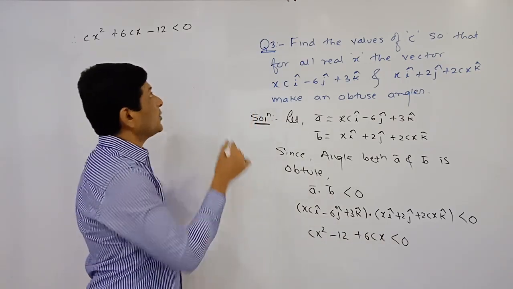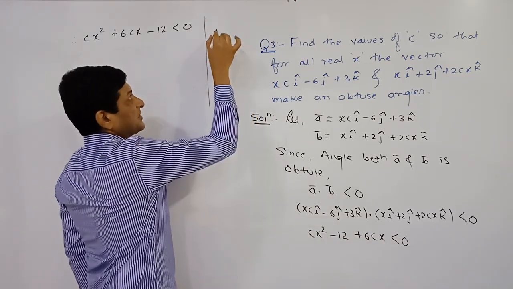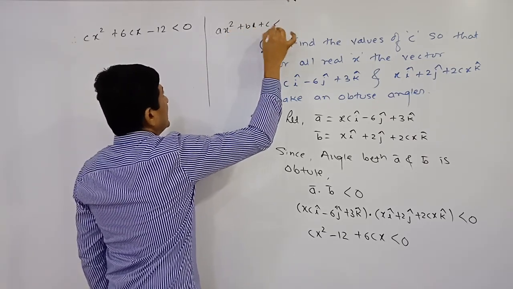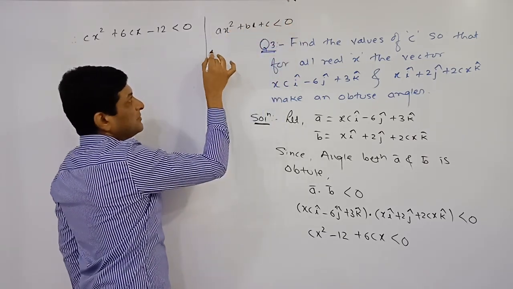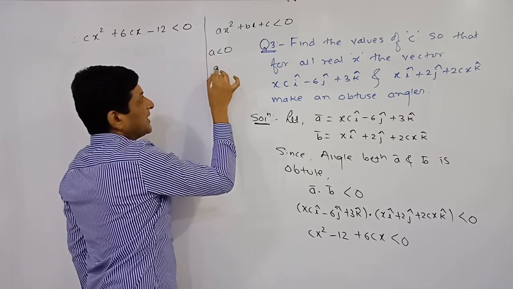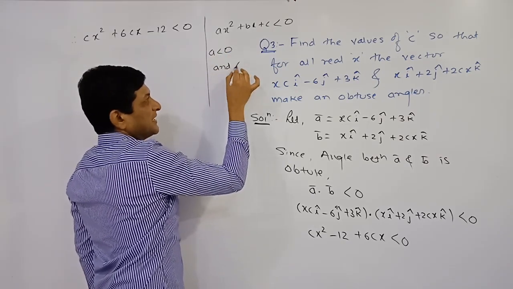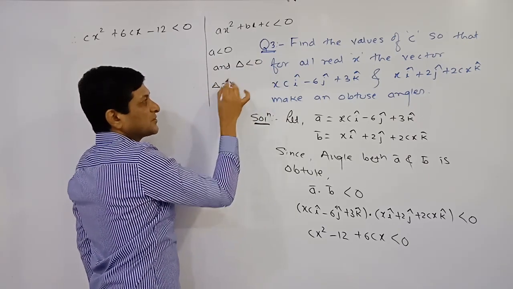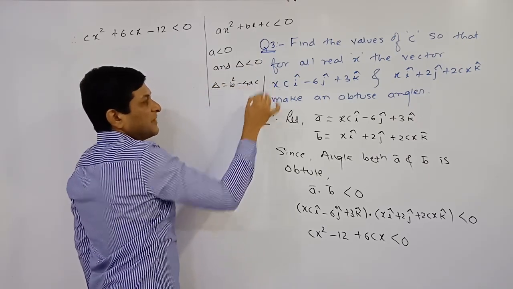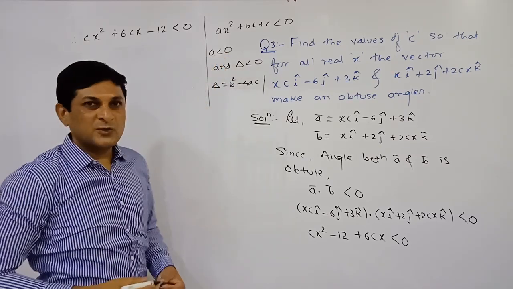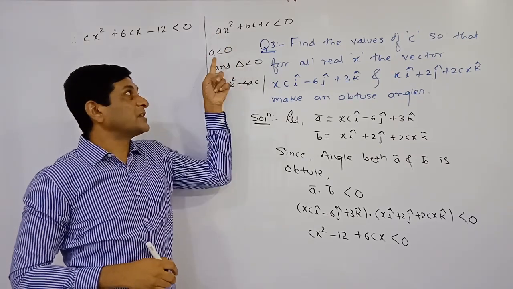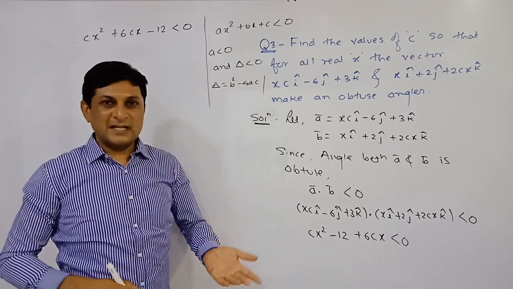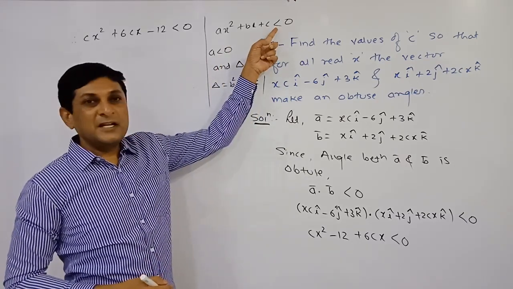One of the important results related to quadratic inequalities is that if the expression ax square plus bx plus c is less than 0, then a is less than 0 and the discriminant, denoted by delta, which is b square minus 4ac, is also less than 0. Remember this inequality you studied in class 11.